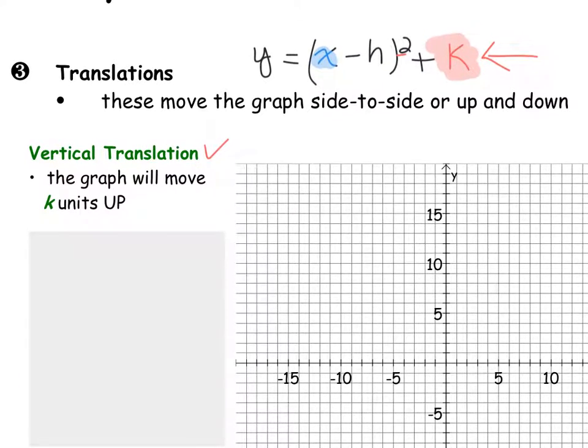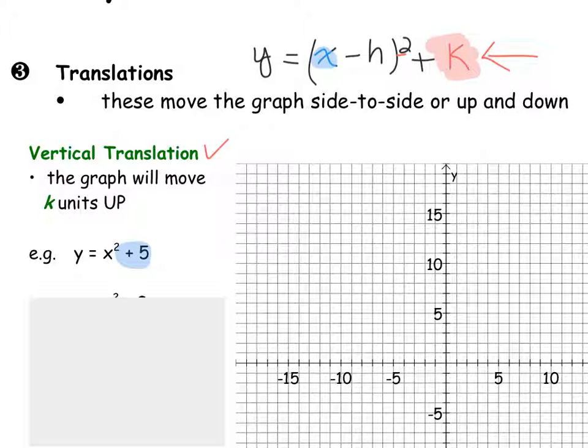All right, so for instance, if I said to you, graph the function y equals x squared plus 5, I'm noticing right away that this plus 5 is outside any brackets with my square applied to it. And so that's telling me that the position of my vertex is going to be 5 units up from 0.